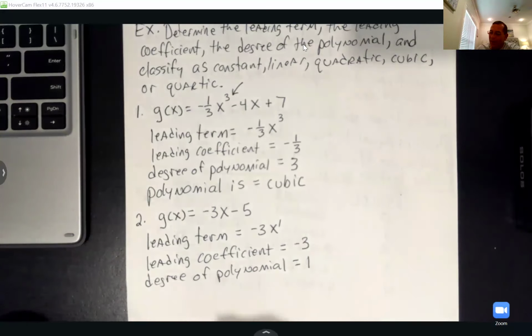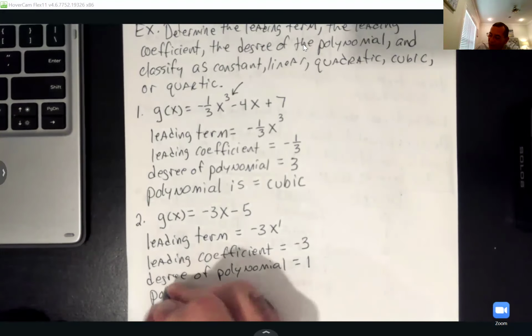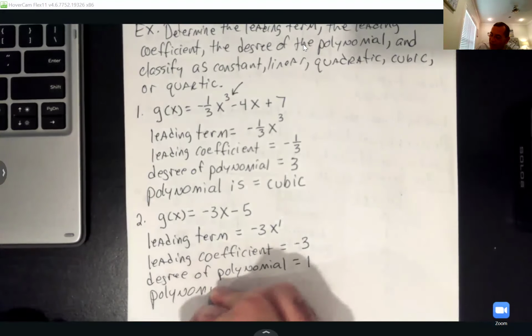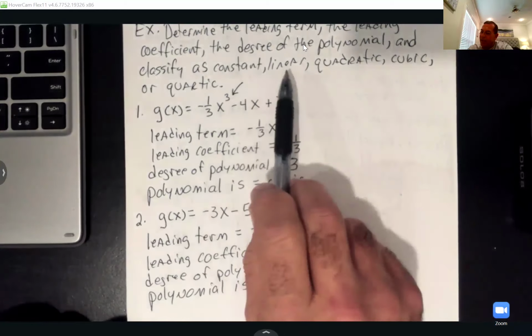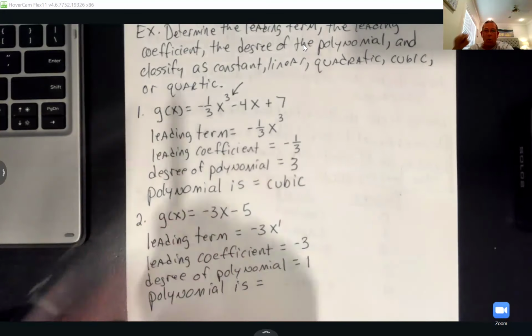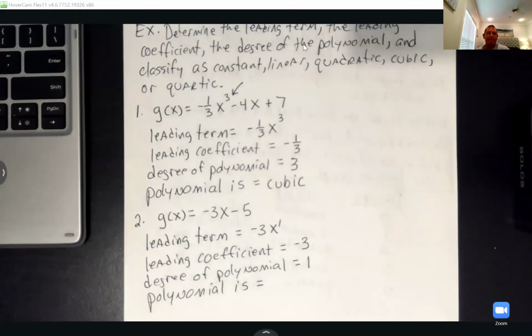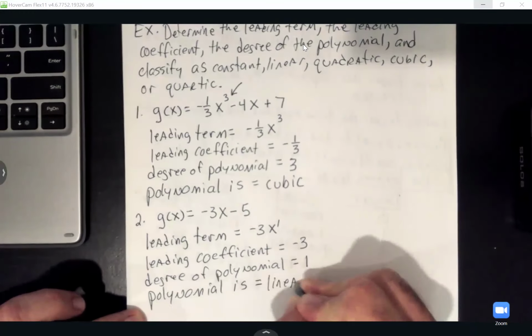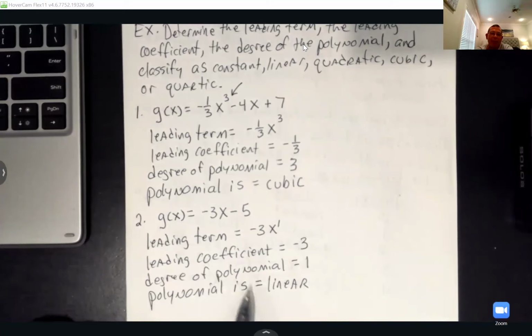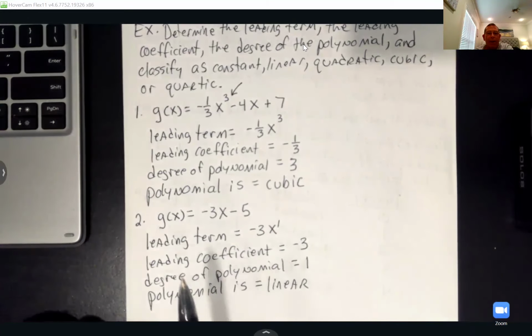And then what type of polynomial is it? So you got constant, linear, quadratic, cubic, or quartic. Linear, there you go. So anytime you graph a linear polynomial, it's just going to be a straight line.